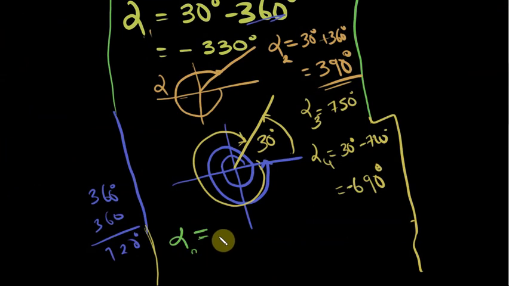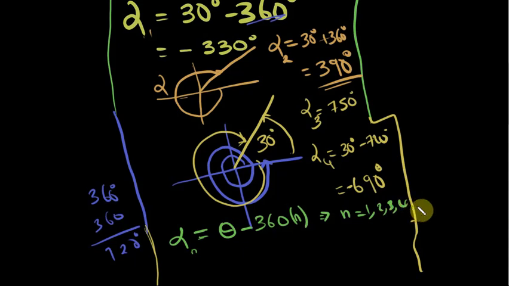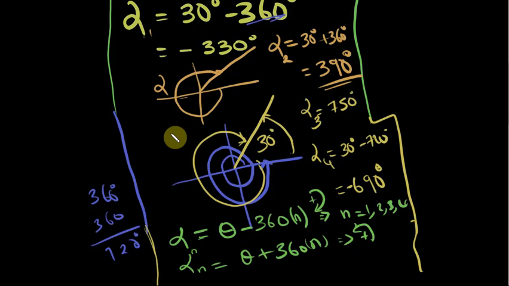The coterminal angle would be equal to your reference angle theta plus 360 times n, where n can be any integer, 1, 2, 3, 4, etc., if you want an anti-clockwise coterminal angle. And minus 360 times n gives you a clockwise direction, which is negative.